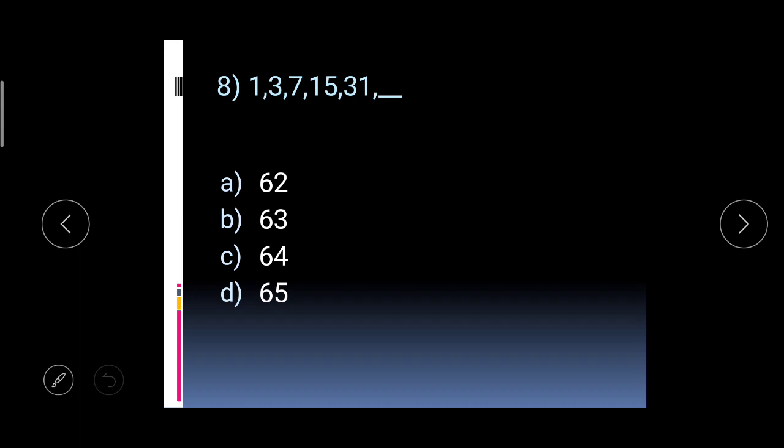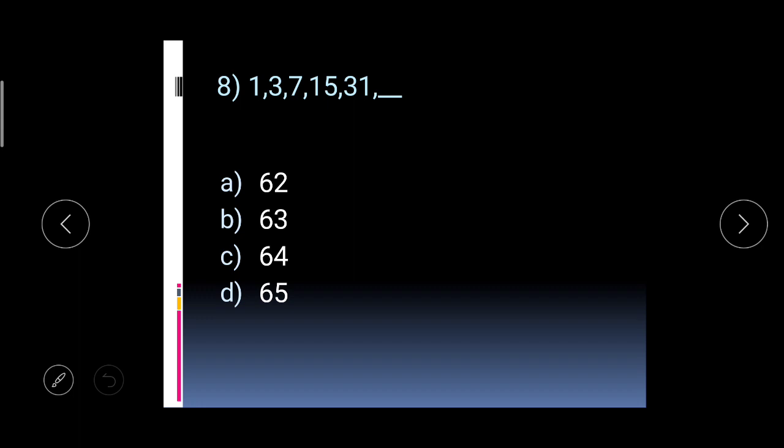1, 3, 7, 15, 31. Okay. Can you guess what is the pattern? Let's try to crack it. You have to have a very good grip on watching this kind of pattern. By just looking, I can make out that each next term is almost double of the previous term, right.